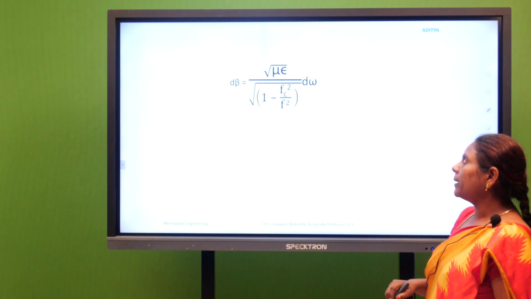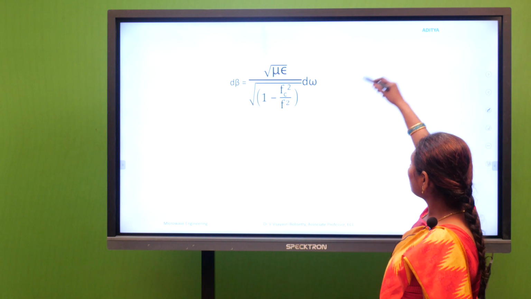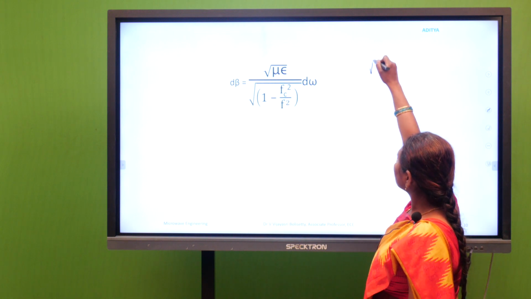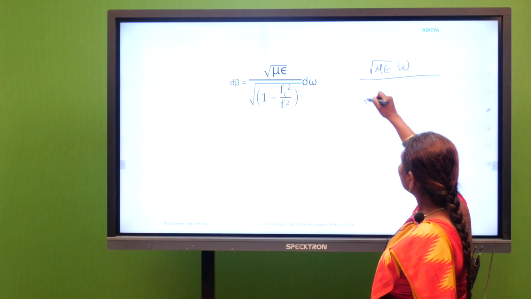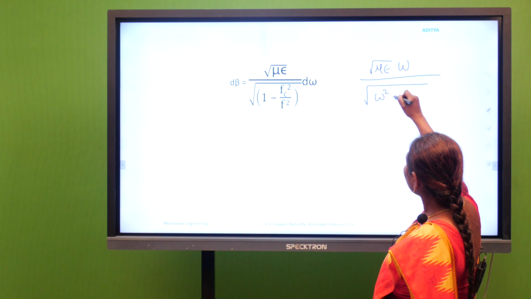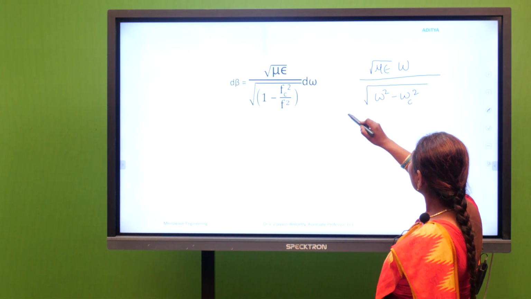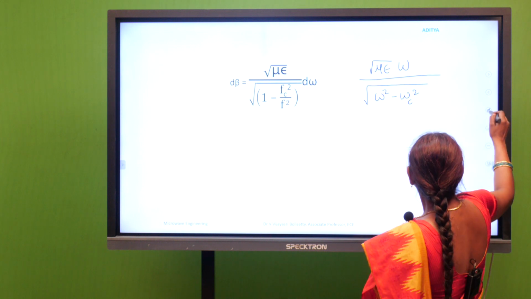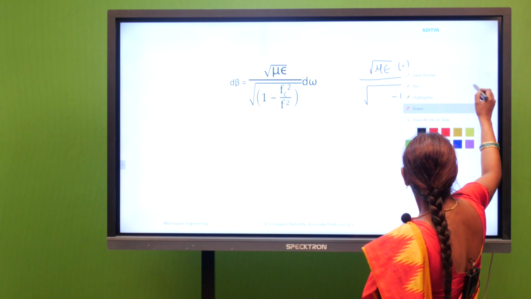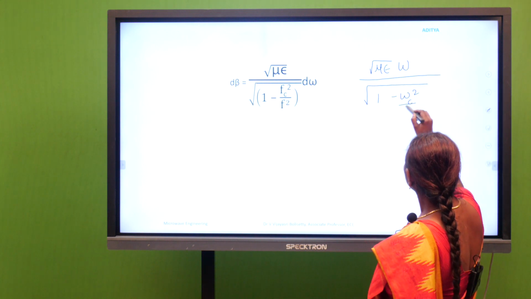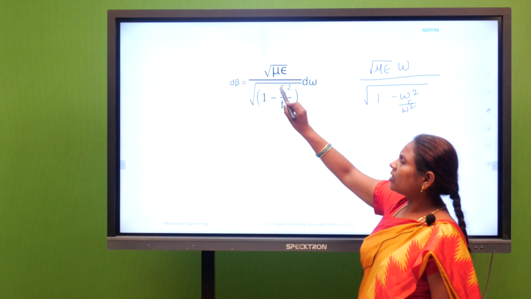Okay. So what is d beta? Omega also gets cancelled in the numerator and denominator, because we got the expression that it is root mu epsilon omega by root of omega square minus omega c square d omega. Okay. So if you take omega as common from this, we can write this as root mu epsilon by root 1 minus omega c square by omega square, and omega can also be expressed as 2 pi f.